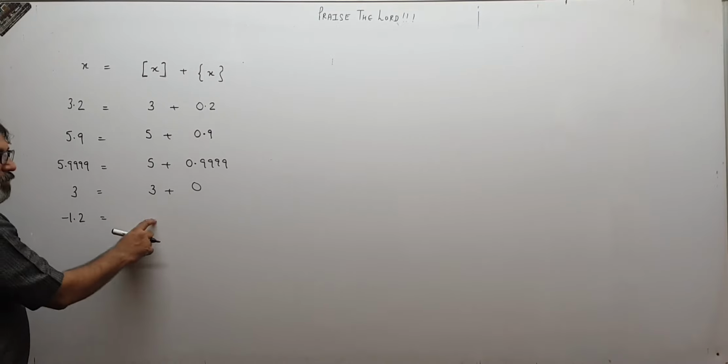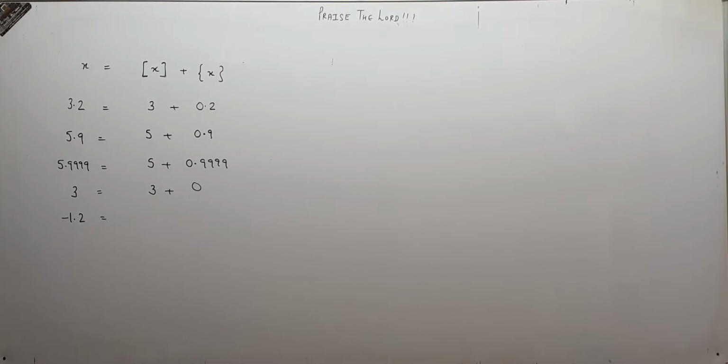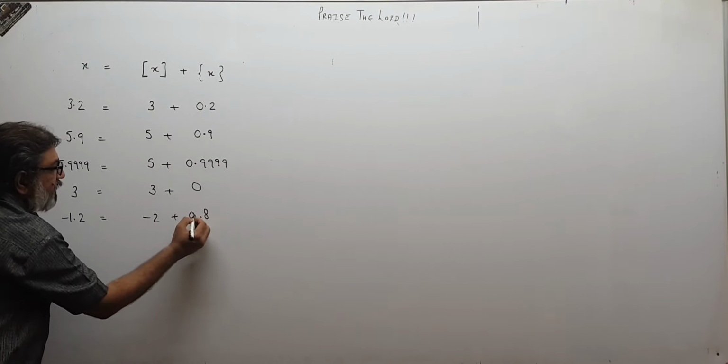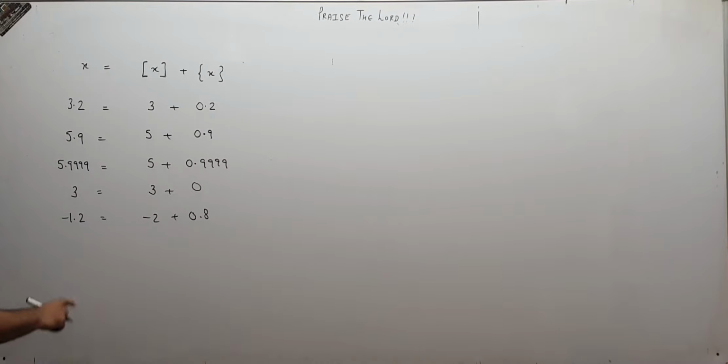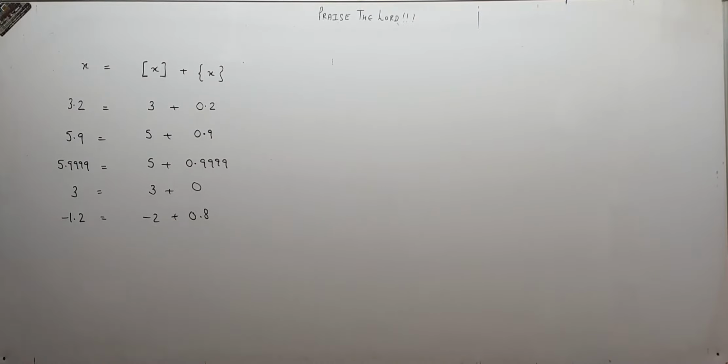Don't think minus 1 minus 0.2, no, because fractional part can never be negative. Fractional part can never be negative. So we cannot write minus 1 and minus 0.2. Minus 0.2 will be negative. So what to do? We write it as minus 2 plus 0.8. Please take care. So minus 1.2 has integer part minus 2 and fractional part 0.8.